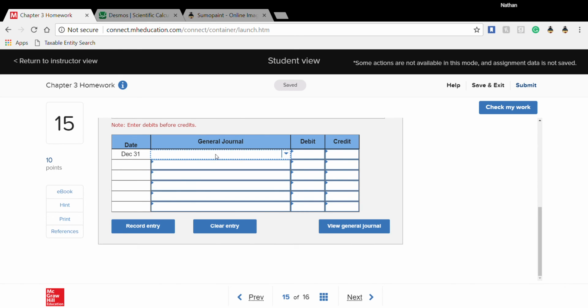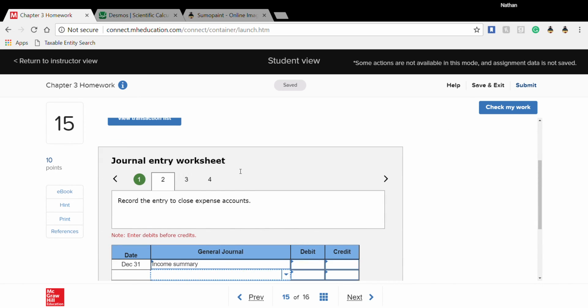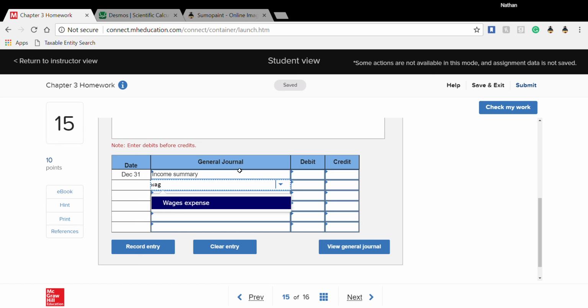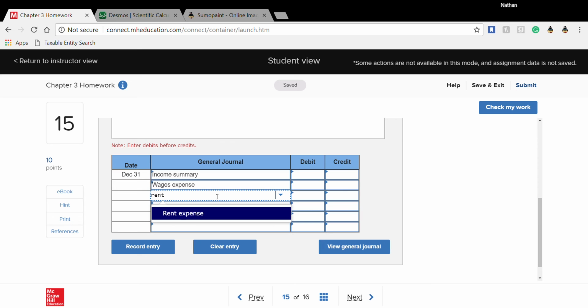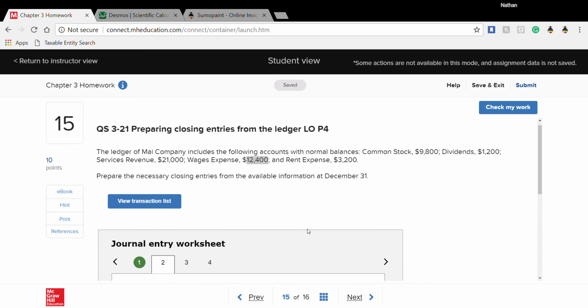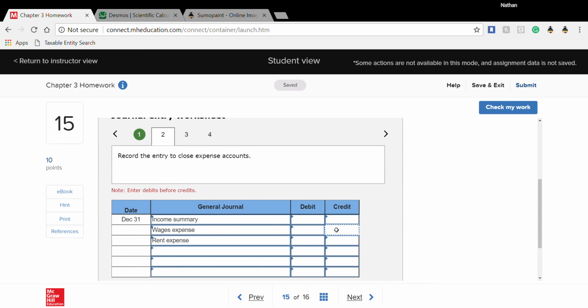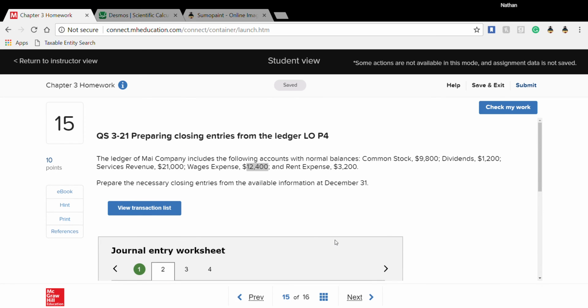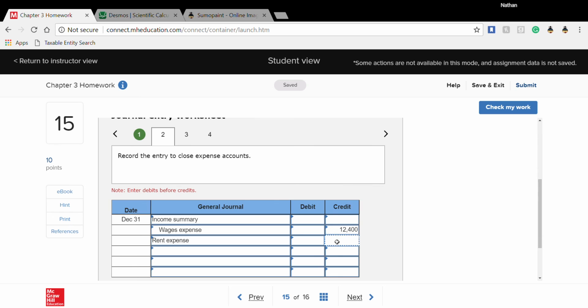So income summary is going to be my debit. We only have wages and rent. So wages, 12,400, and rent, 3,200.